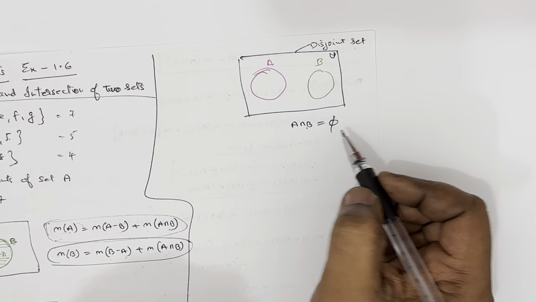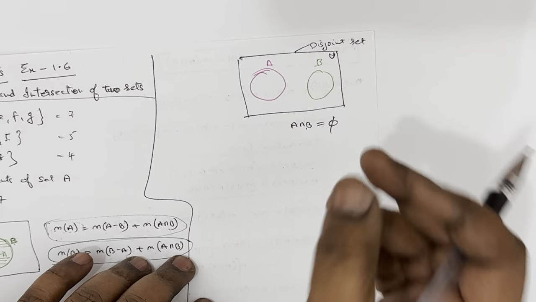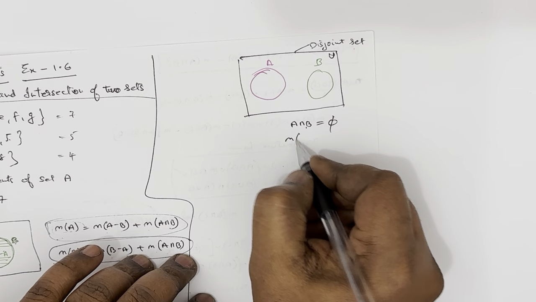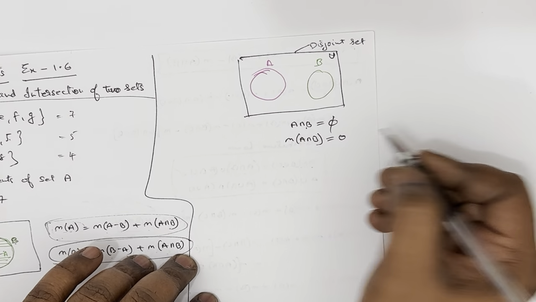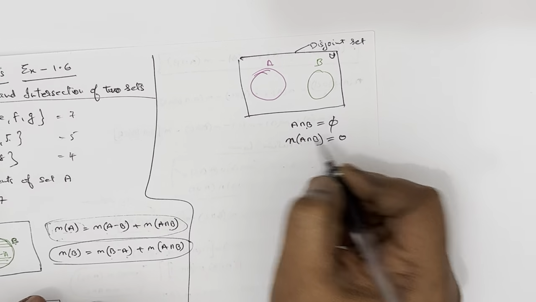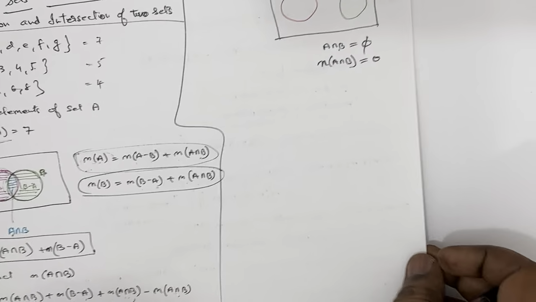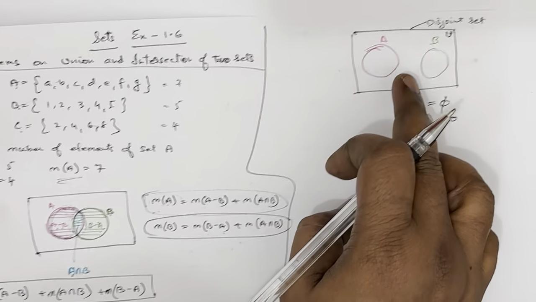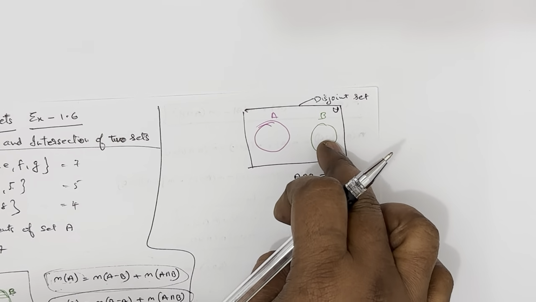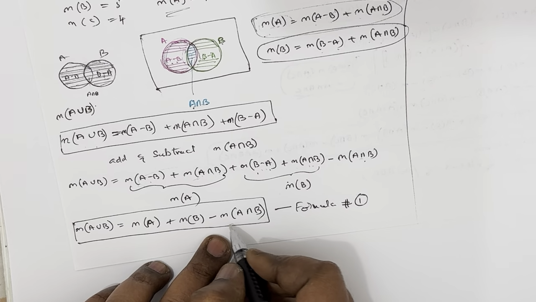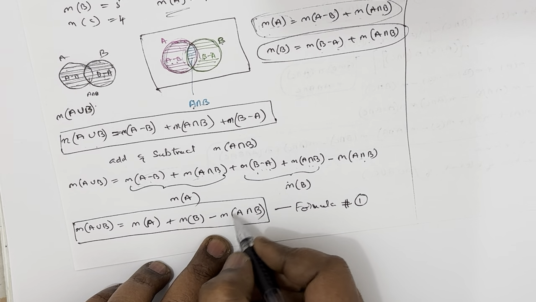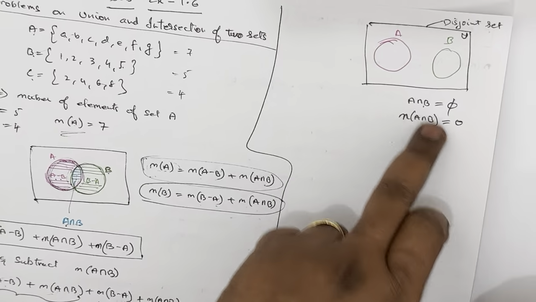A intersection B is empty. So what will be the number of elements N of A intersection B? The number of elements will be 0, no elements. So when it comes to disjoint sets, the number of elements of the intersection part is 0.